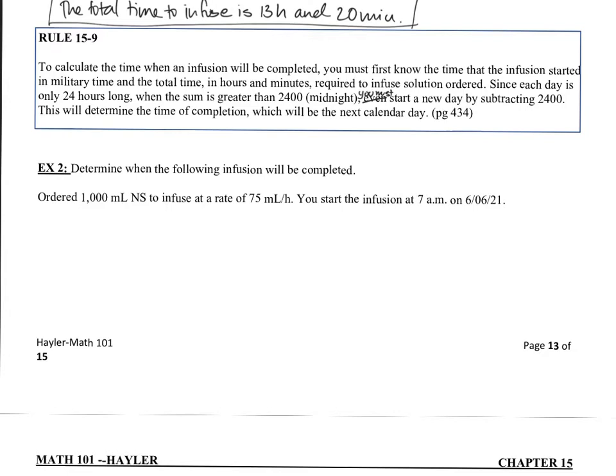Okay, so first we need to determine the time in terms of military time. So 7 a.m. What is 7 a.m. in military time? 7 a.m. in military time is 0700.